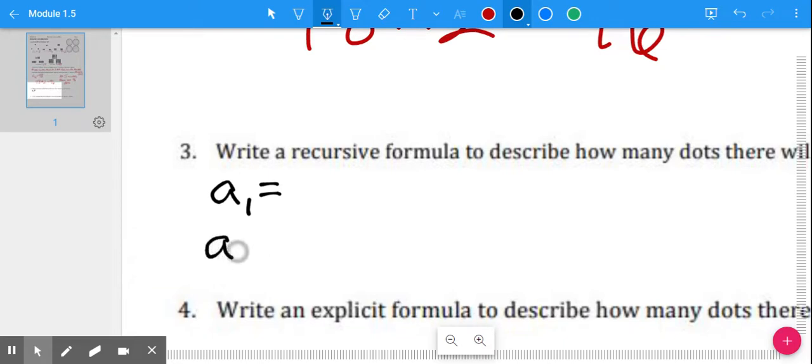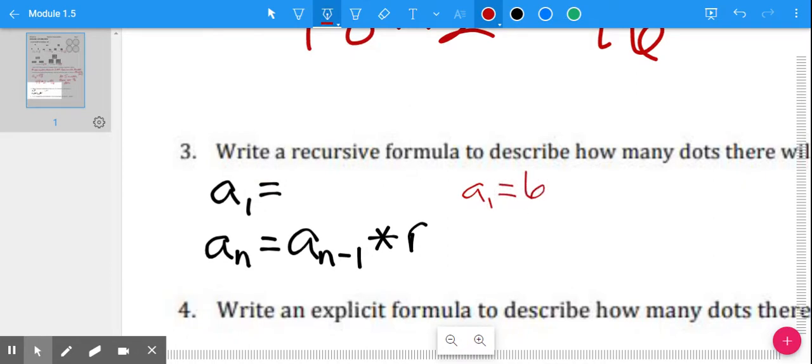Then you have a sub n equals a sub n minus 1 times the ratio. So to fill this in, you would end up with a sub 1, so at 1 minute, there's 6 dots, and then a sub n equals a sub n minus 1, so the previous term, times 2.